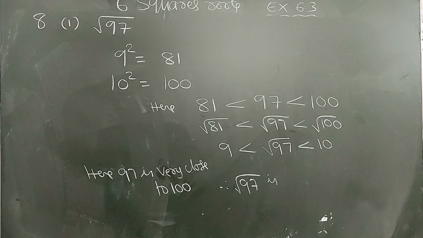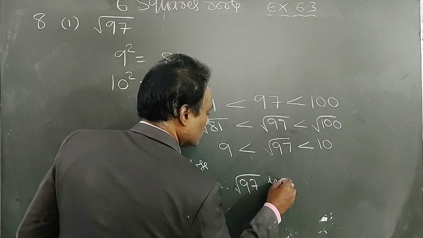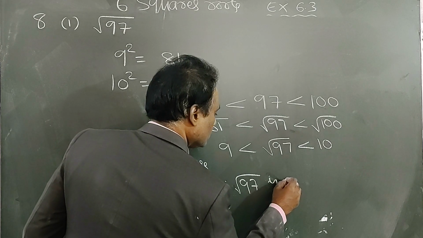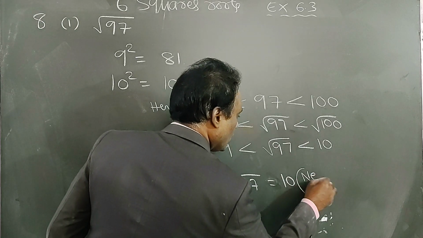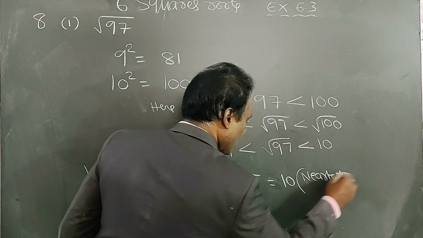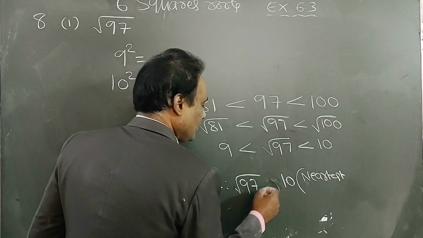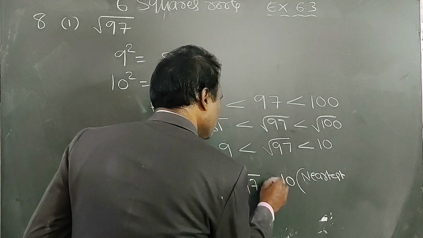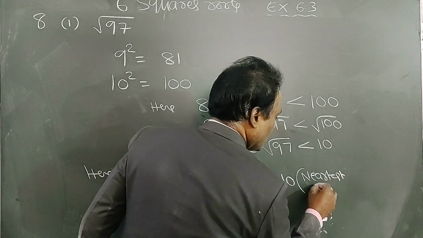So what is the question? Evaluate the value of the following number to the nearest whole number. So therefore root 97 is approximately equal to 10, nearest whole number. Not equal to 10, but approximately equal to 10.